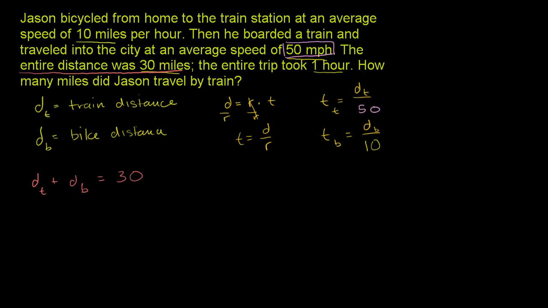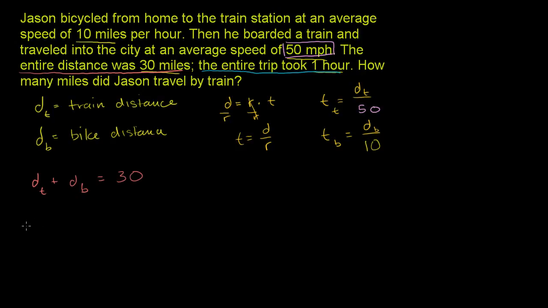So the second statement is that the entire trip took 1 hour. So the time by train plus the time by bicycle is going to be 1 hour. Actually, let me do that in a different color. So this time plus this time is 1 hour. And I'm going to write it in terms of the distances, so I only have two unknowns.